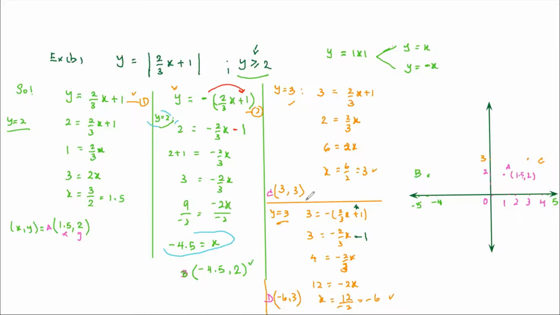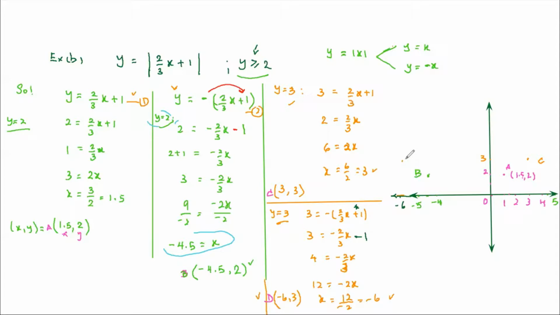Okay, now next one. Negative 6 and 3. So negative 6, go, oh, not enough space here. So I go a little bit further here, okay? Go down here. My negative 6 should be about here. Okay, now we plot D, coordinate D. Negative 6, come up 3. 3 is about here.